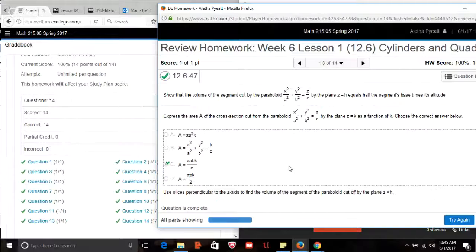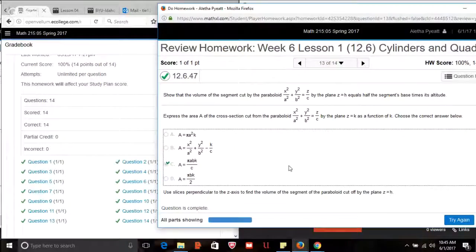So when you solve for the major axis length, which is the square root of anything under x, it would be the square root of a squared times c over k, which is a root c over k. And then the minor axis length would be b squared times c over k, so b root c over k.